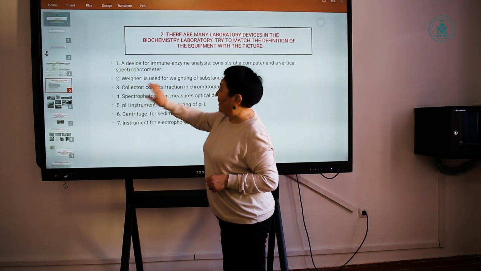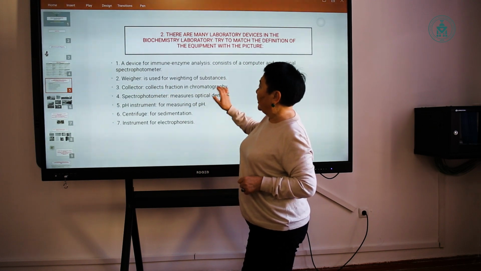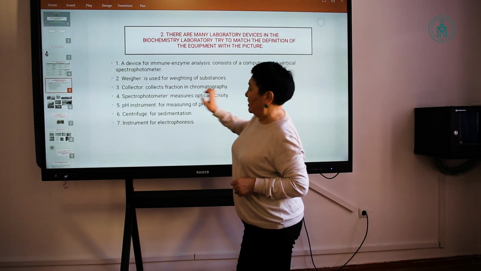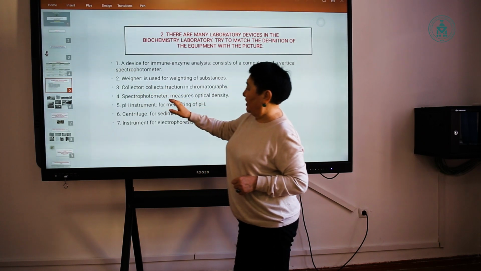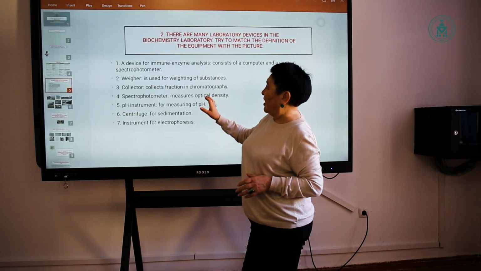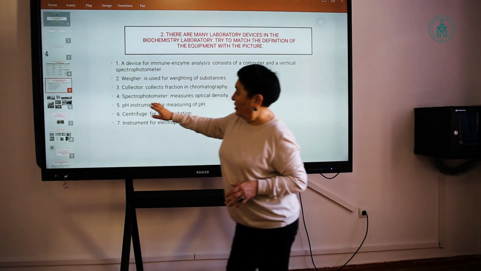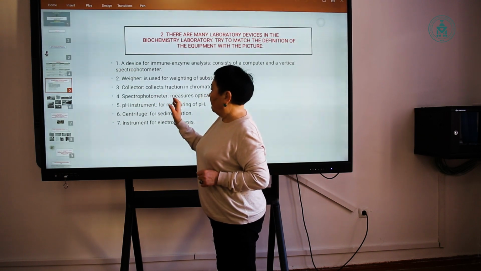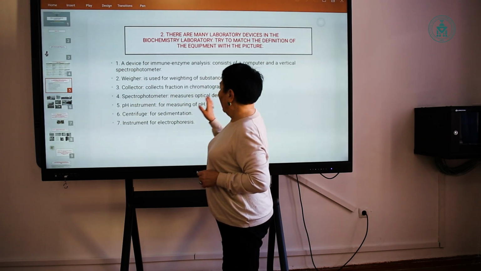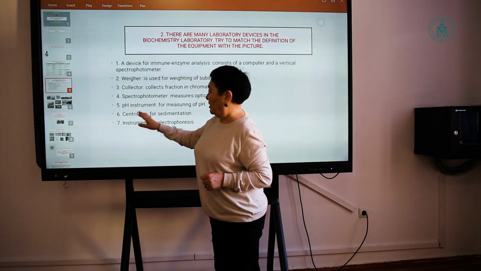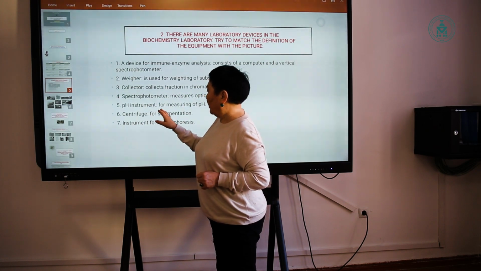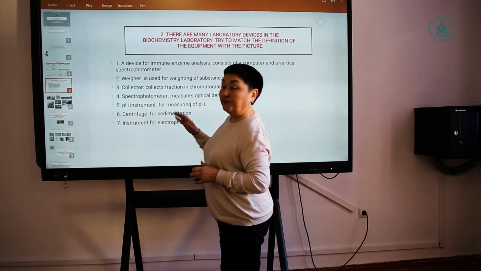The next, a weigher is used for weighing of substances. The third, a collector collects fractions in chromatography. A spectrophotometer measures optical density. A pH meter is an instrument for measuring pH.